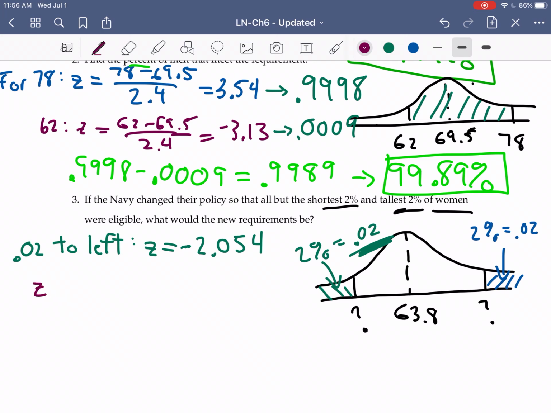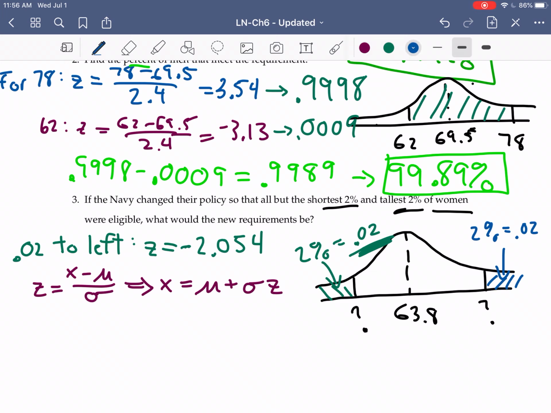The z-score formula says z is a data value minus the mean over the standard deviation. If we do a little bit of algebra here, we can solve for x, that data value. We would multiply both sides by the standard deviation and then add the mean. So we have sigma times the z-value.